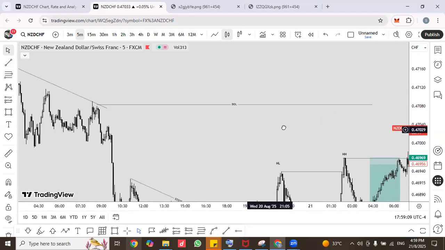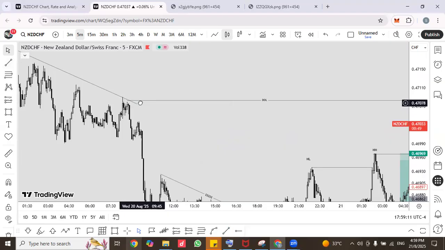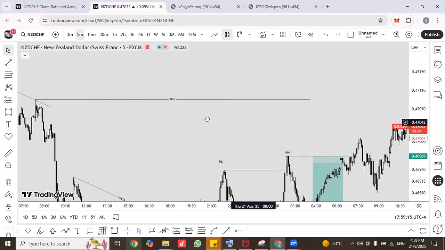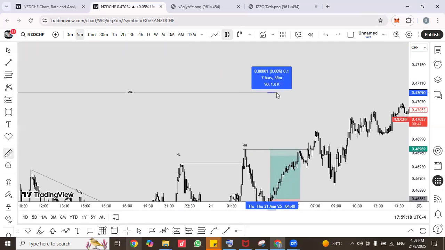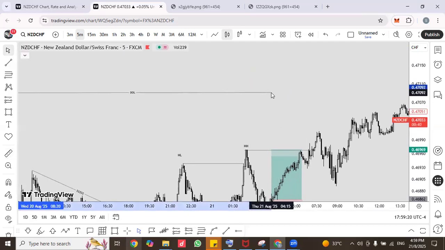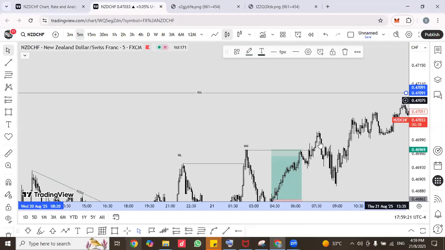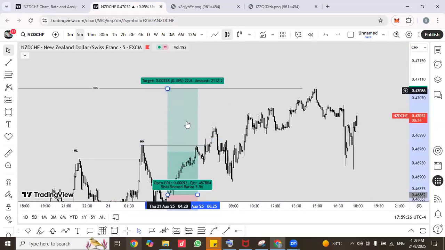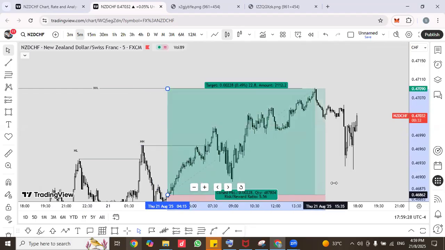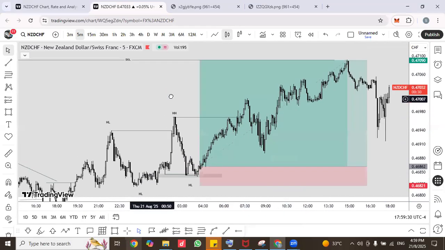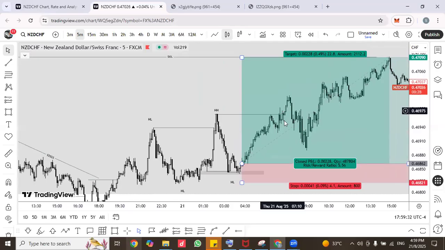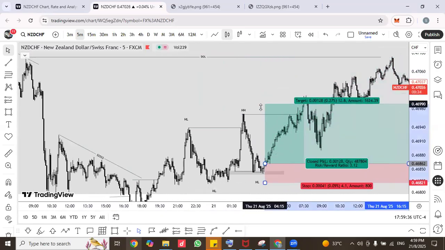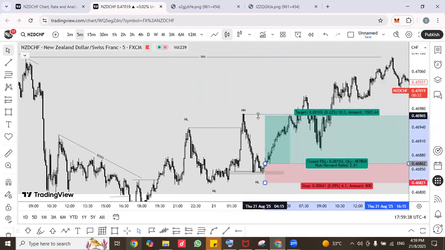Second take profit would be the draw on liquidity up here. It eventually went there, and that's a 1 to 5. Right here was a 1 to 2.